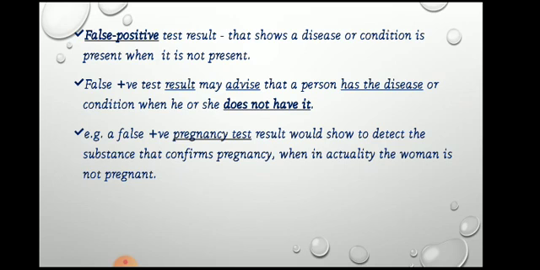When the urine of that woman is tested for the pregnancy test, the test shows a positive result, but she knows that she is not pregnant. So what we can say is the result of that analysis is a false positive test result.